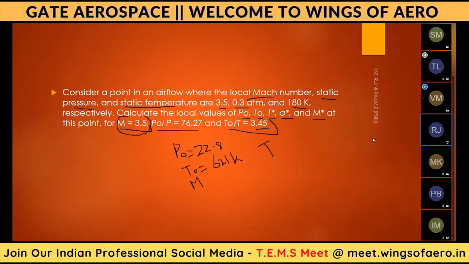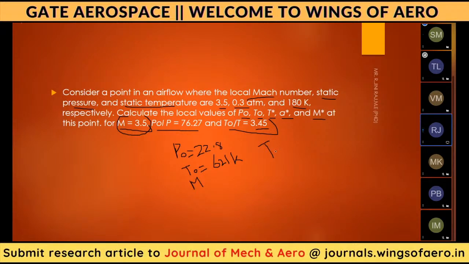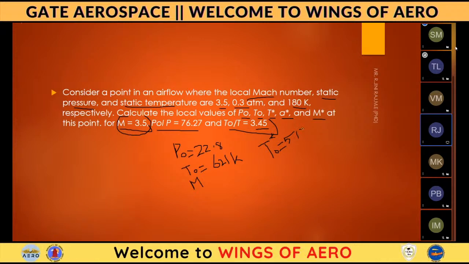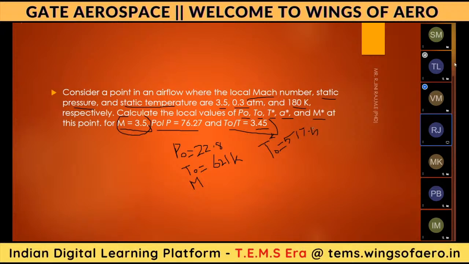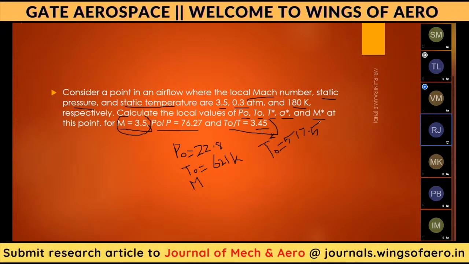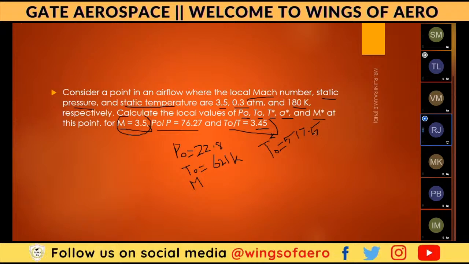One second, sir. I think I made a mistake. Sir, T star is 517.5. Yes, T star equal to 517.5. Okay. Sir, A star is 456.4.